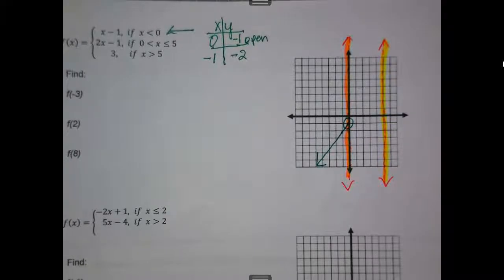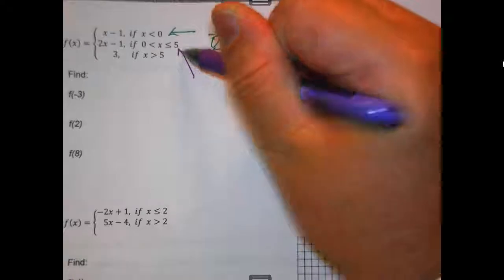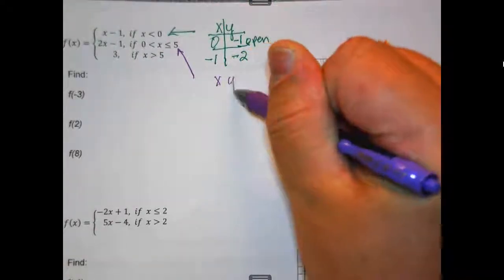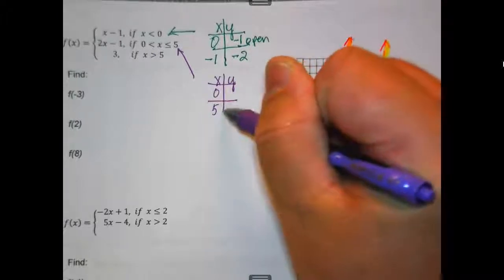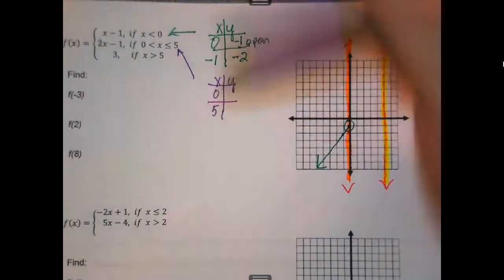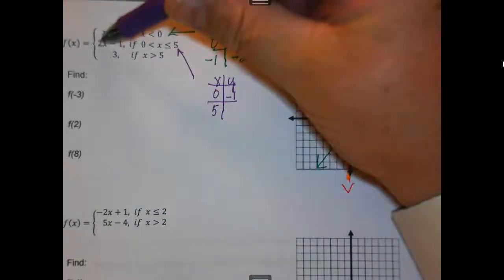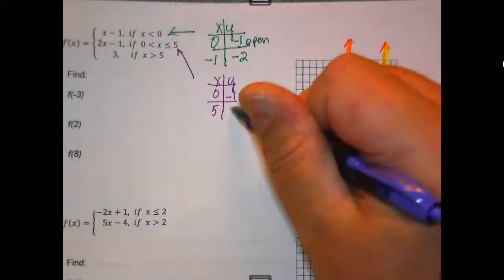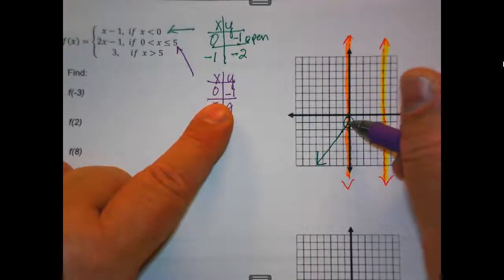Okay, second one. I have to use for my x 0 and 5. I don't have a choice. Okay, 0 times 2 is 0. 0 minus 1 is negative 1. 5 times 2 is 10. 10 minus 1 is 9. Okay, 0, negative 1.